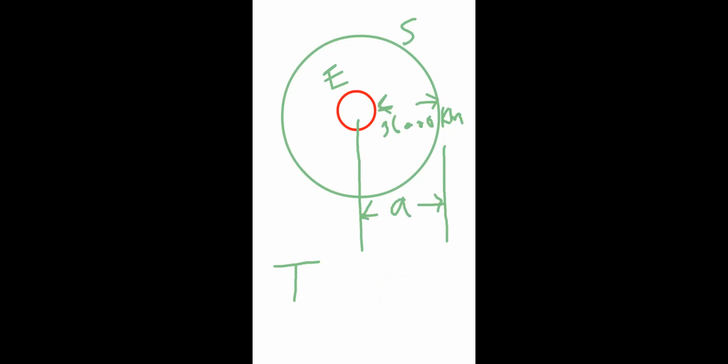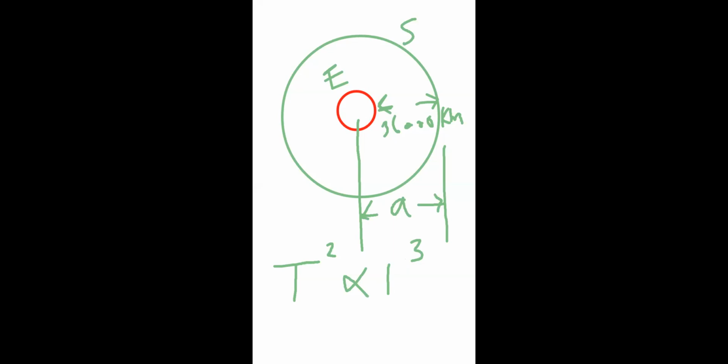Say T squared is directly proportional to R cubed. This is the simple relation between the time of the orbit and the radius of the orbit.